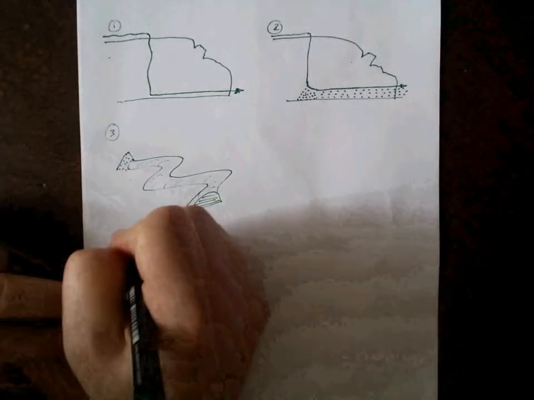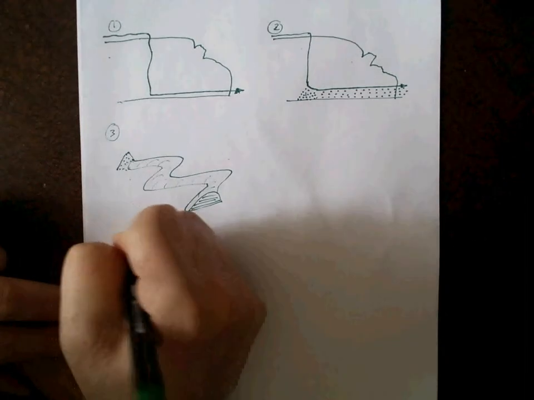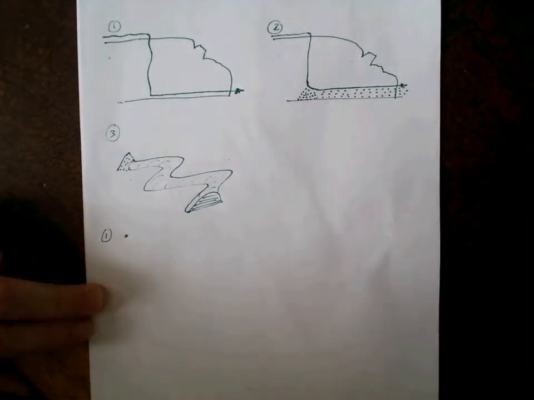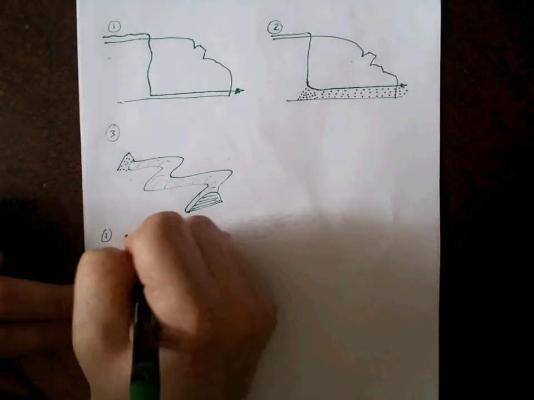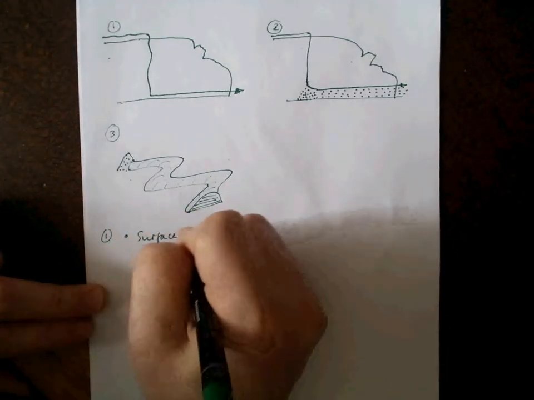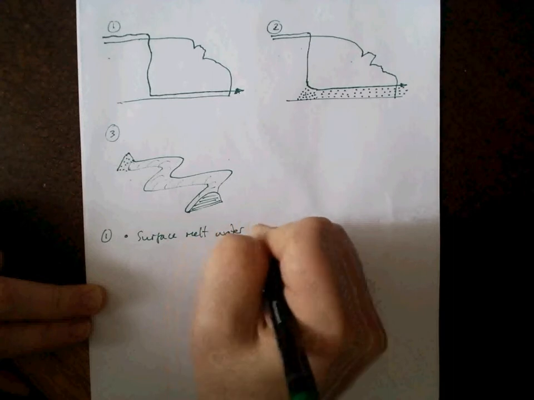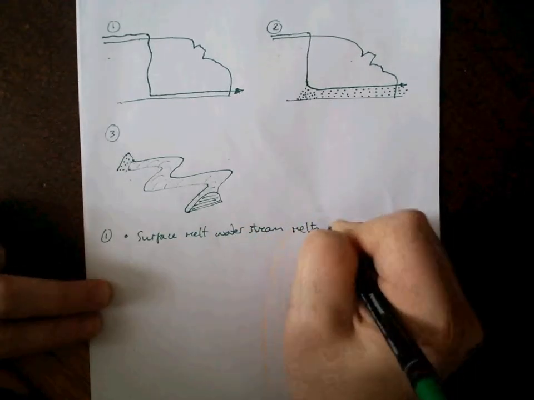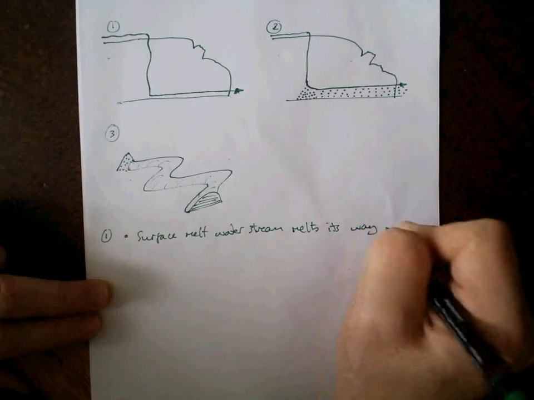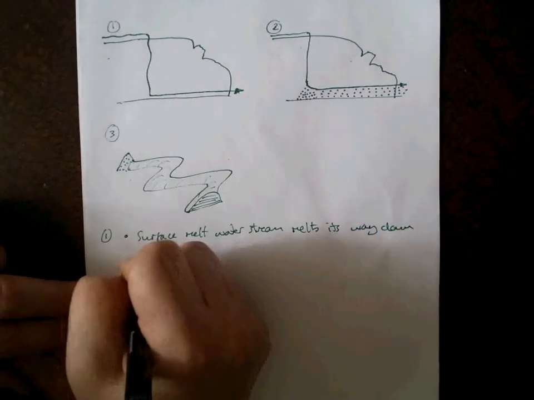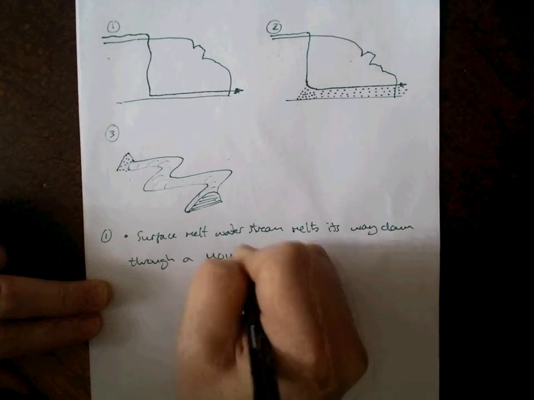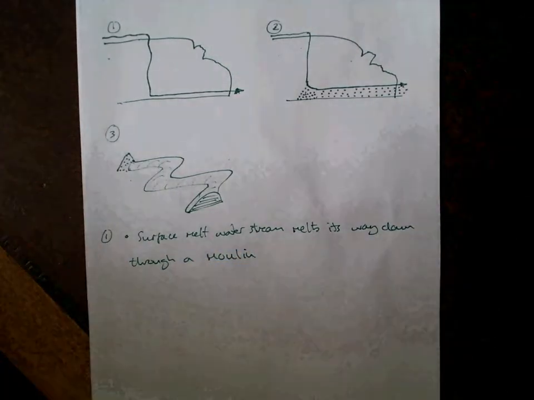Right, so what are the key things you actually need to say? Well, in diagram 1, we've pointed out that a surface melt water stream melts its way down through a moulin, M-O-U-L-I-N.